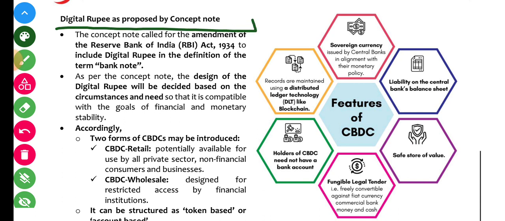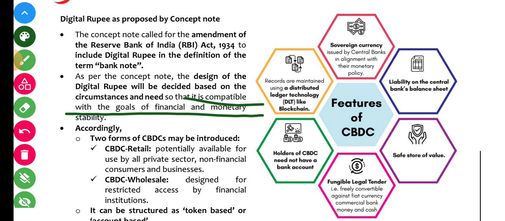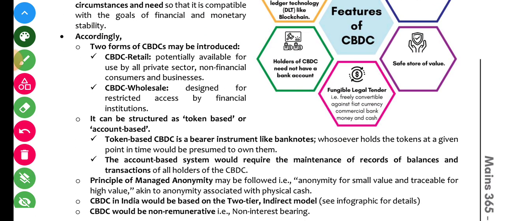Digital rupee as proposed by the concept note: amendment of the RBI Act 1934 to include the digital rupee in the definition of the term bank notes. The design of the digital rupee will be decided based on the circumstances and needs so that it is compatible with the goals of financial and monetary stability. Keep this in mind.